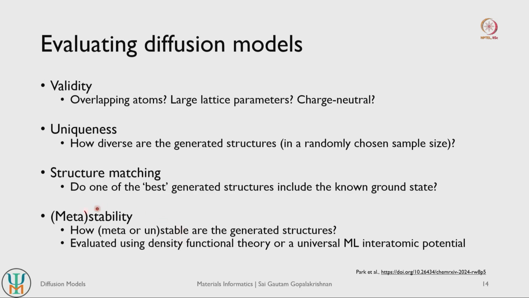We typically have to evaluate this using some kind of underlying physics, either density functional theory or some kind of machine learned interatomic potential, a universal potential that works fairly well for the systems that we are interested in. So these are the 4 metrics that you can typically use to evaluate diffusion models, especially if you come across several different diffusion models in the literature.